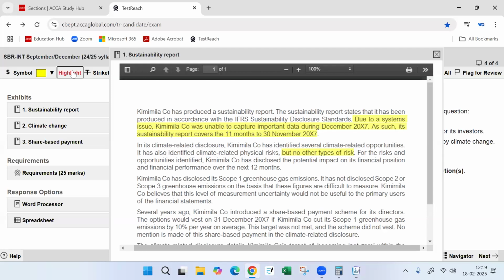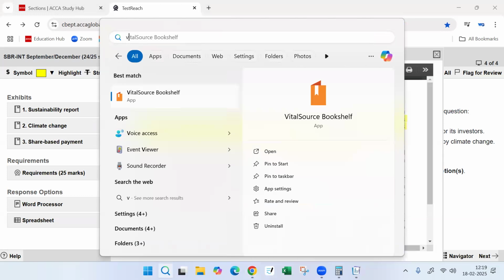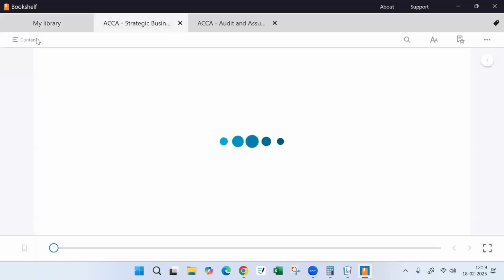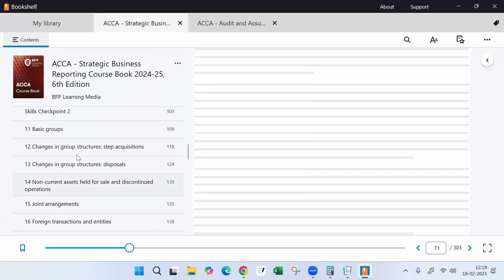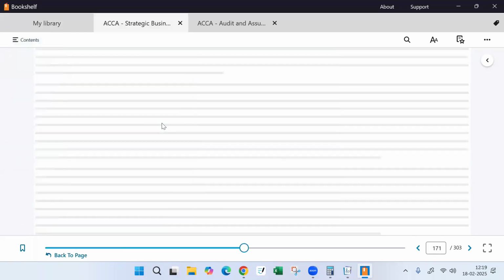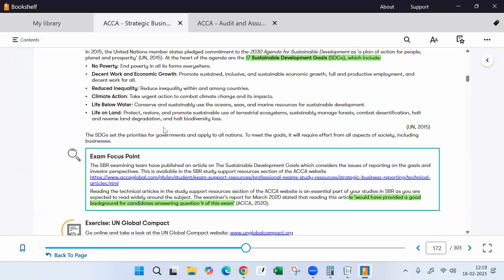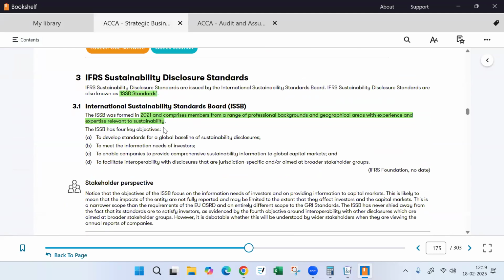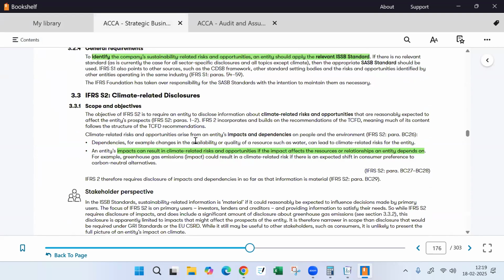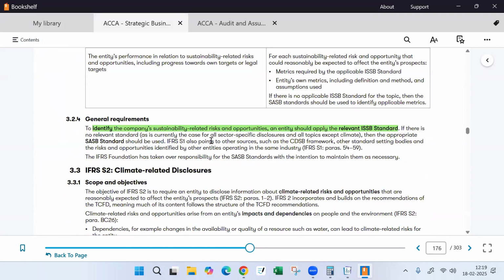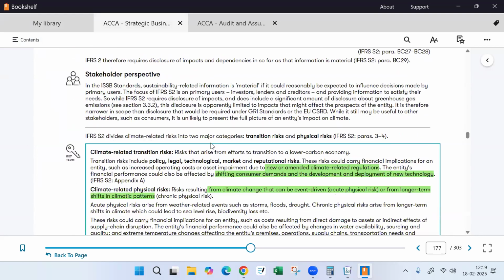Open your sustainability related topic in your textbook. I will also open it here. So the risk as per IFRS S2, the sustainability reporting says that you have to report on not just the physical risk, but also the transition risk.